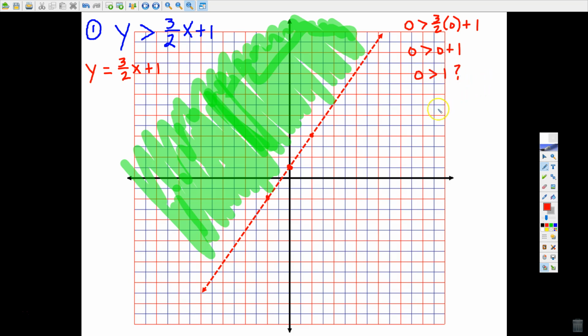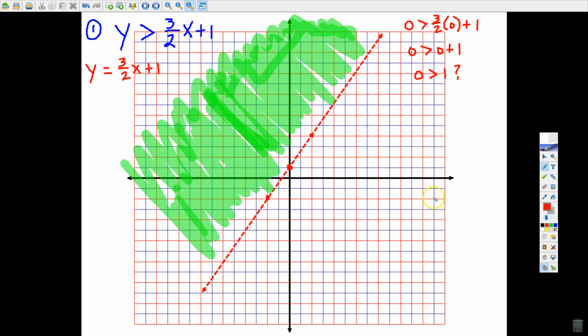Well, that's not true. So what I've just proven is that on the side of this boundary line that contains the point (0, 0), none of these points on this side will make this true. So I've done the right thing. I've shaded the other side because these ordered pairs, any of them that I wanted to pick, anything on this side of the boundary line will make this true.